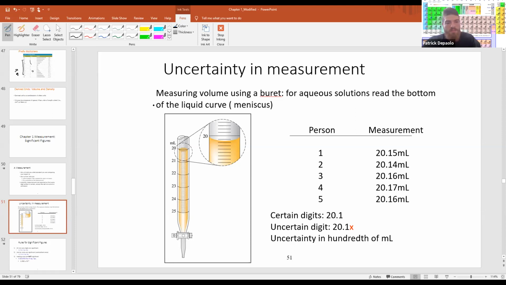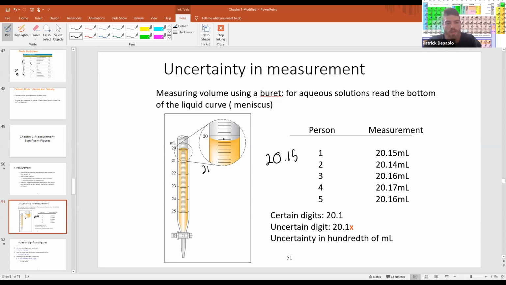So let's say this goes up to 0, and you go down to 20. That means the volume removed from the top was 20, and you end up with 5 left. But let's just read this measurement right here. I would say it's 20.15. Sorry, I meant 20, 20.1, 20.15.